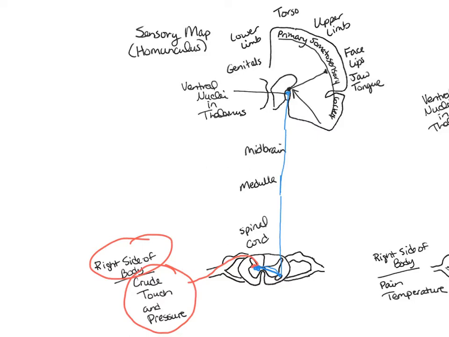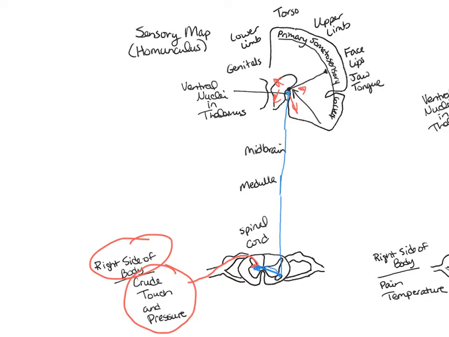The other thing that we have when we're looking at these pathways is something called referred pain. And that's because there are so many interneurons synapsing all over the place on here, right?